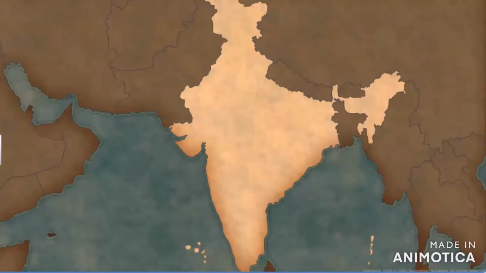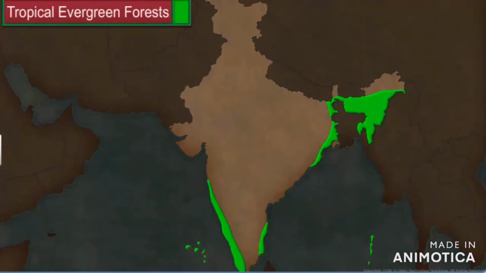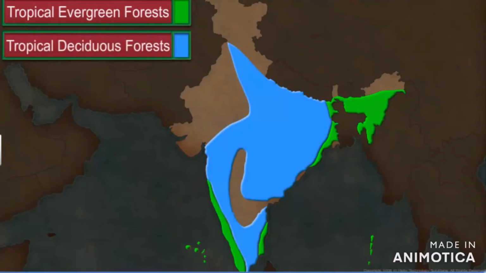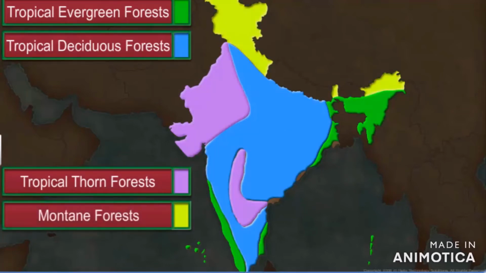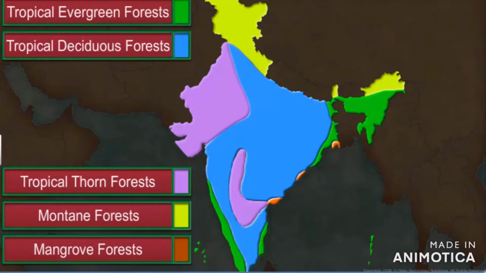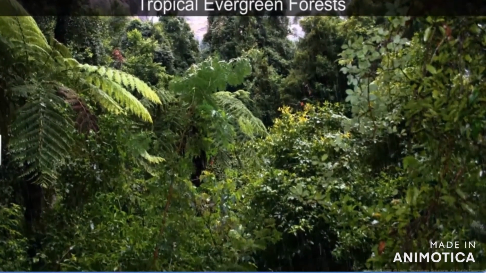The major types of vegetation in India are the tropical evergreen forests, tropical deciduous forests, tropical thorn and scrub forests, montane forests, and mangrove forests. Tropical evergreen forests are characterized by heavy rainfall and a warm climate.